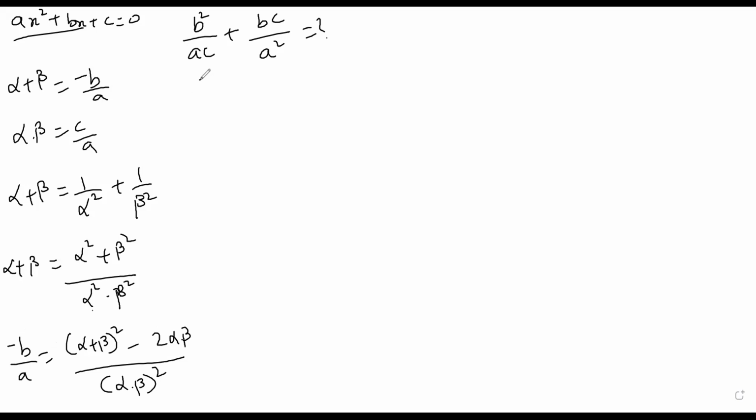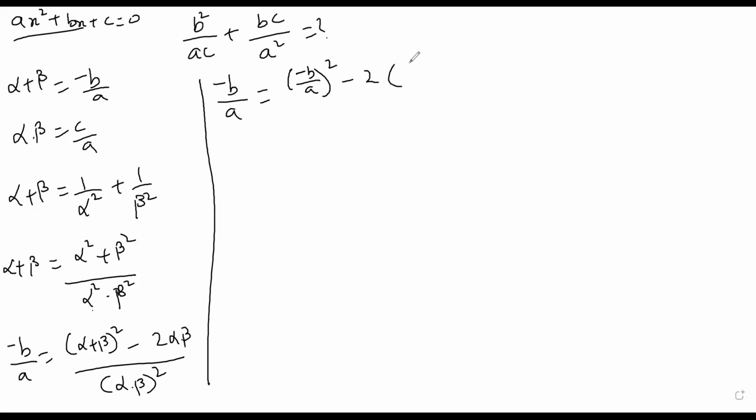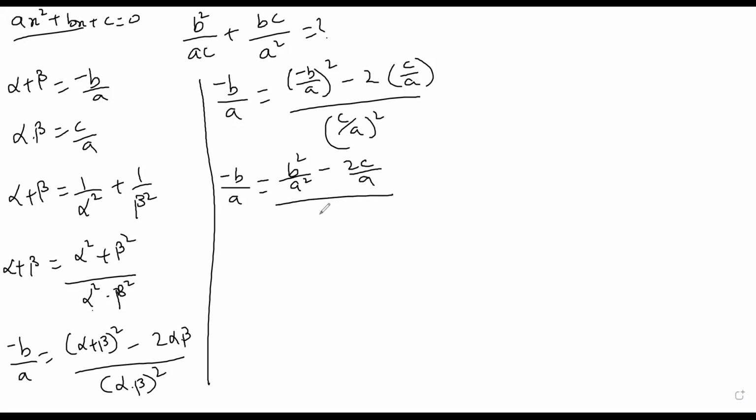So this can be written as minus b by a is equal to (minus b by a) bracket square minus 2 into c by a, whole thing upon (c by a) whole square. So minus b by a is equal to b square by a square minus 2c by a, whole thing upon c square by a square.